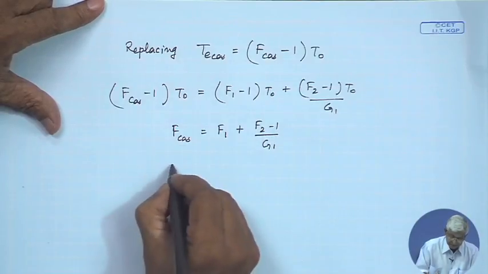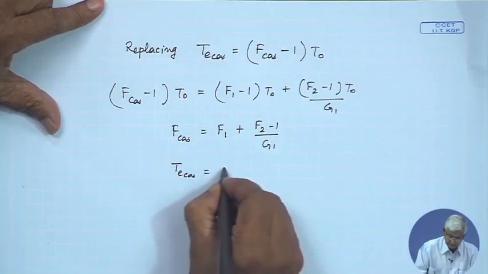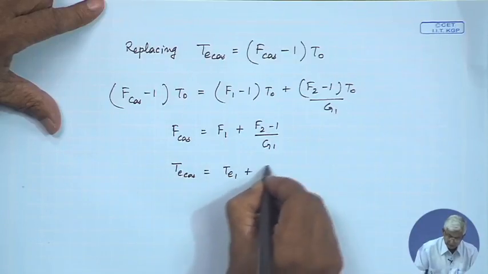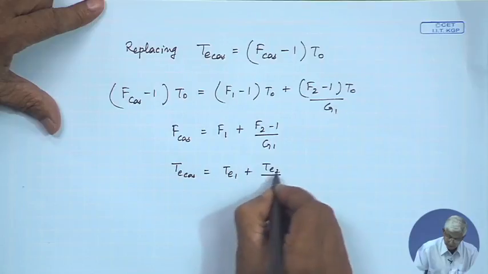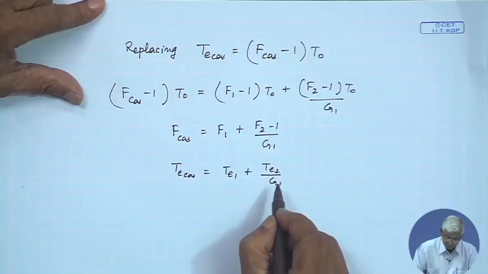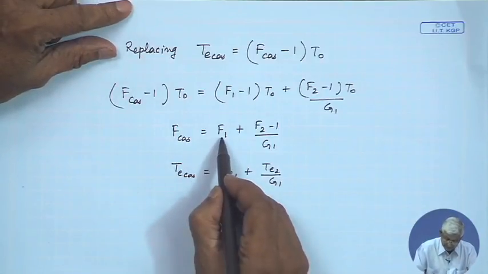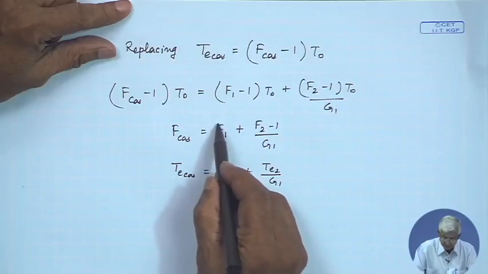And we have earlier seen that TE cascaded is TE1 plus TE2 by G1. So, this shows an important thing, that is the first stage noise figure.